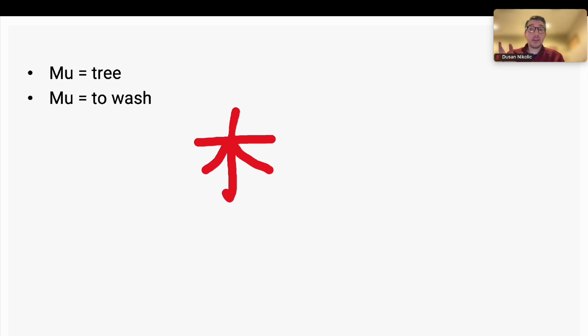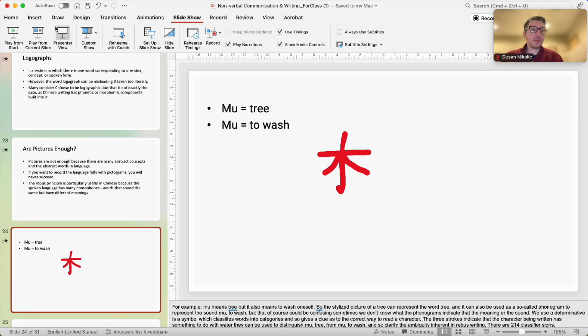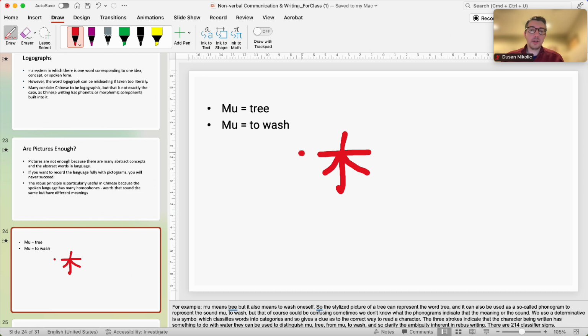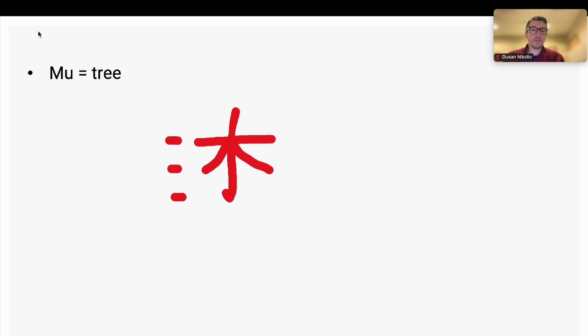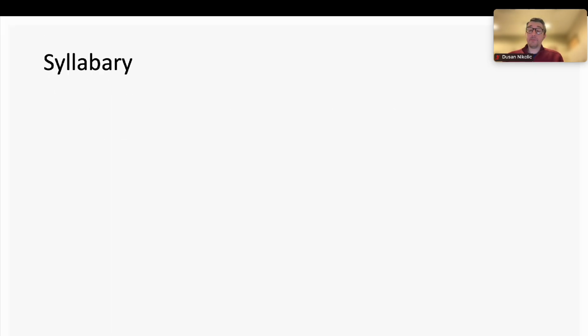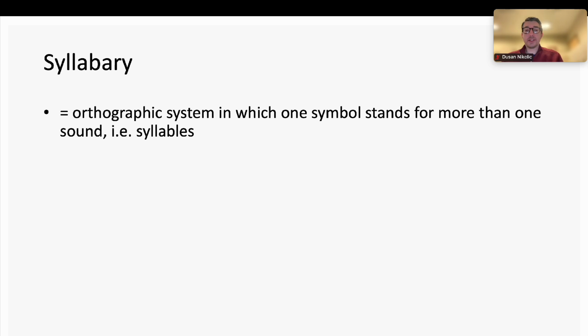So to indicate this, many Chinese characters included not only logograms such as this one, but also some kind of determinatives, which would be the three dots that we can draw maybe here. That would represent to wash oneself.